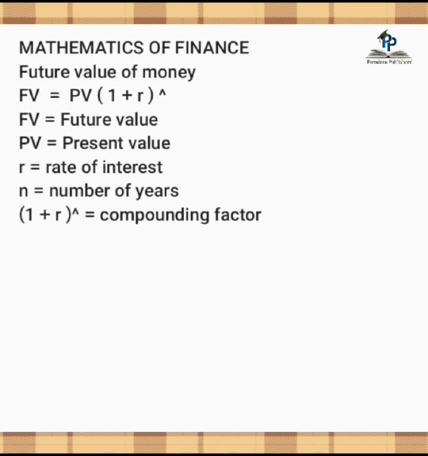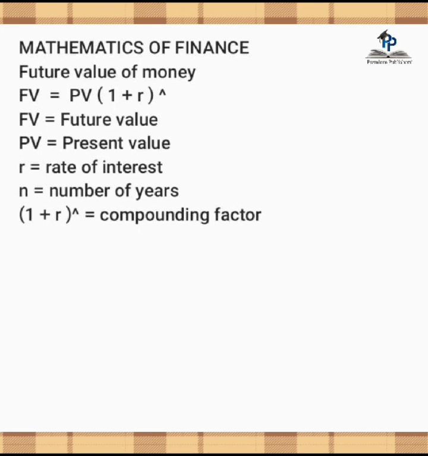Future value, FV, is equal to PV, which is the present value, bracket open, one whole number plus R. R is the interest rate. R can be known as opportunity cost. R can be known as cost of capital, bracket close, all raised to the power of n. The alphabet n there represents the number of years or the duration before we can get the future value of money.